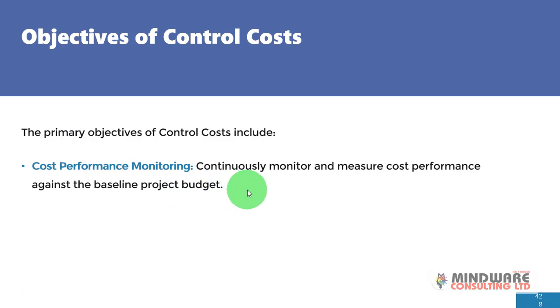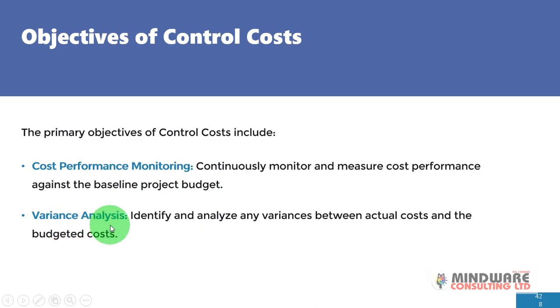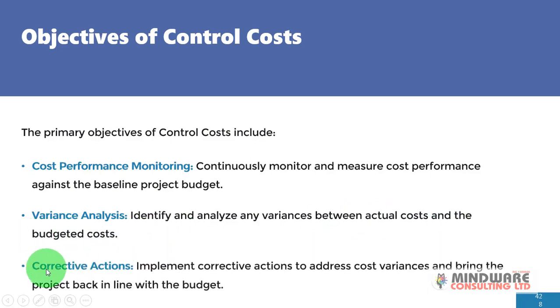Remember, we talked about establishing a cost baseline in the previous process. Variance analysis: identify and analyze any variances between actual costs and the budgeted costs. Corrective action: implement corrective actions to address cost variances and bring the project back in line with the budget.